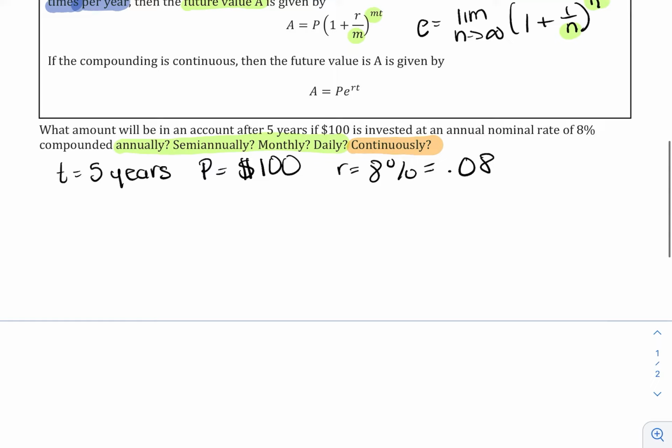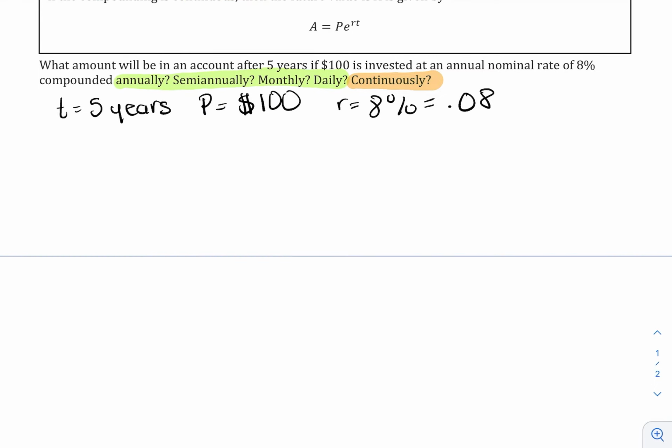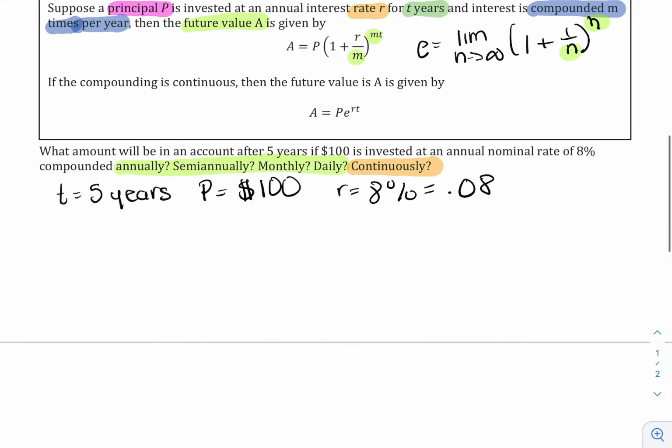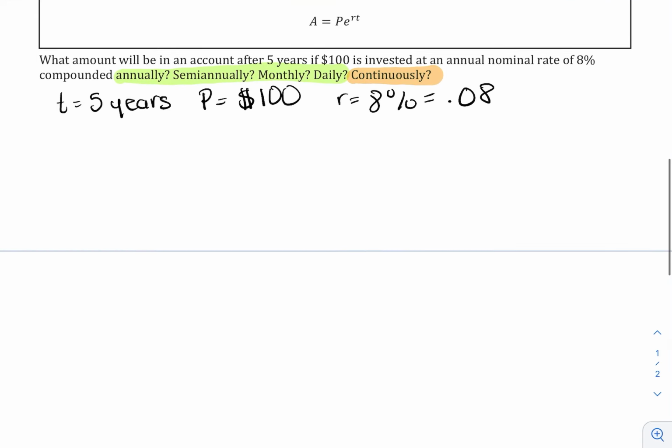Okay, so M stands for how many times you compound per year. If you do it annually, that's 1 time per year, so annually is M equals 1. If you do it semi-annually, you compound twice. Semi means 2 times a year.